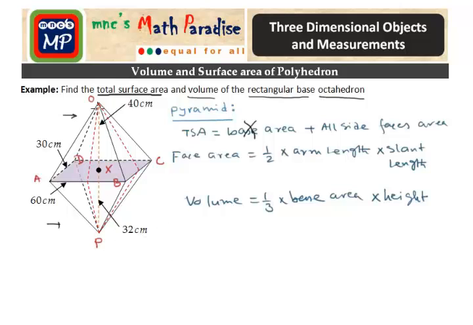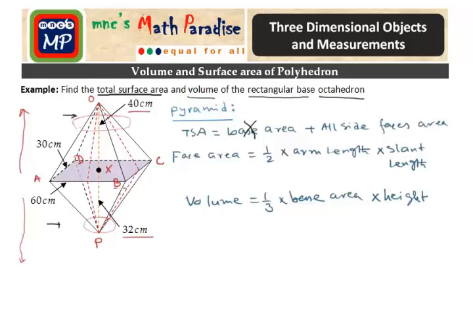So we have one pyramid at the top, another pyramid at the bottom, and the base is the same, but the top pyramid height is given as 40 centimeter, while the bottom pyramid height is 32 centimeter. So now these two pyramids are different. We need to calculate these 4 surface areas considering this as one pyramid, and these 4 surface areas differently, considering the bottom as an individual pyramid.